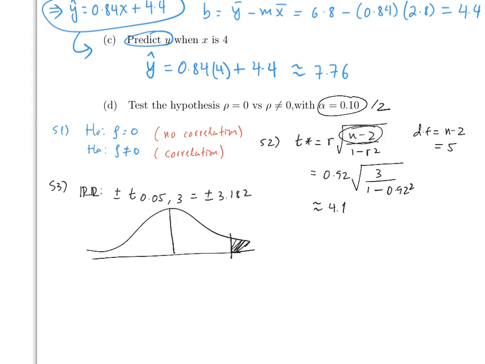In this question, you can do either the rejection region or the p-value. It's up to you. This is 3.182, negative 3.182. T star is 4.1, which is definitely in the rejection region.